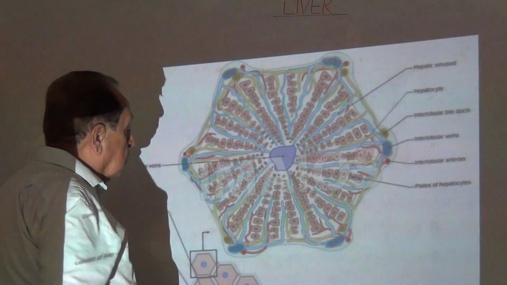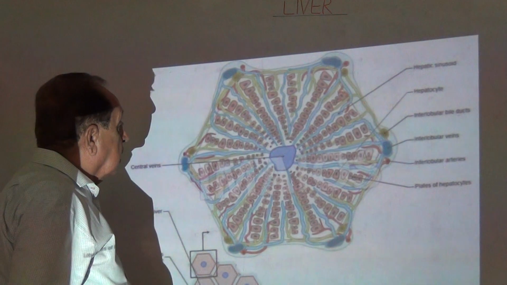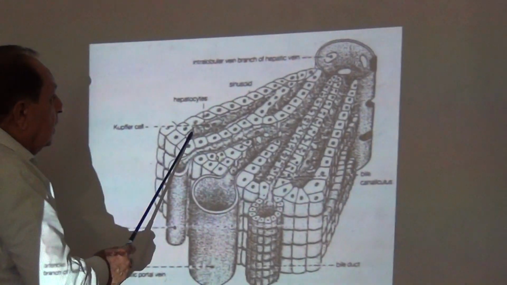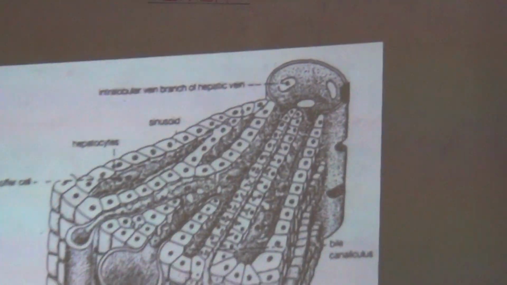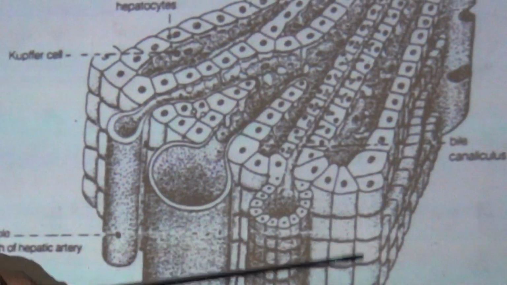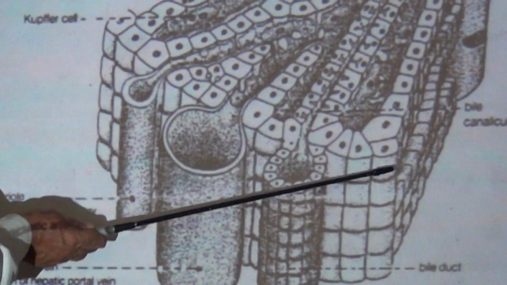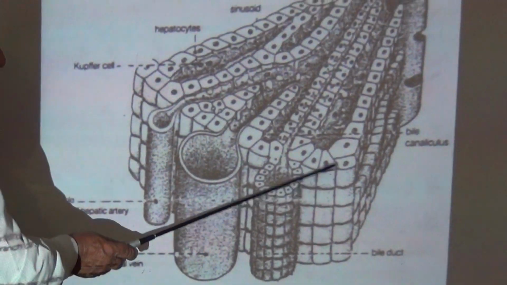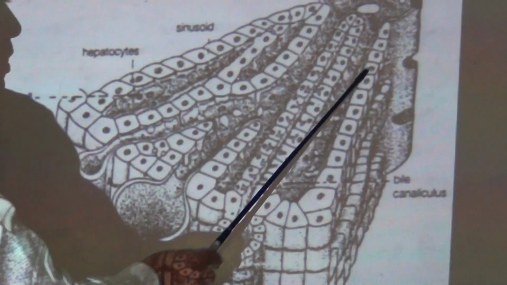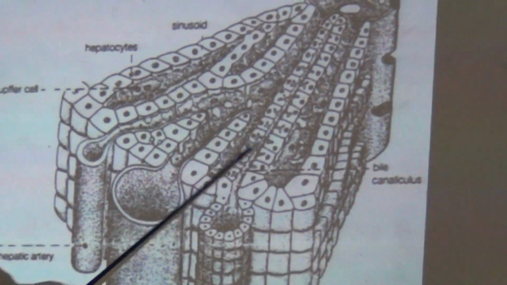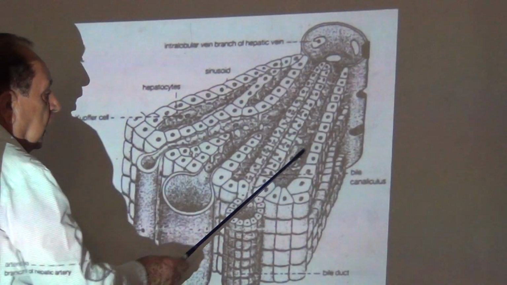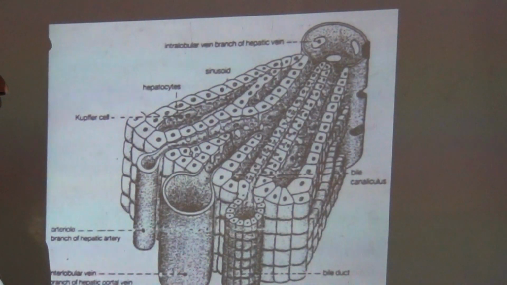Now, these are the hepatocytes, and they form a plate, a single layer of cells, called the hepatic plates. In between the two plates there is an area called the sinusoids.